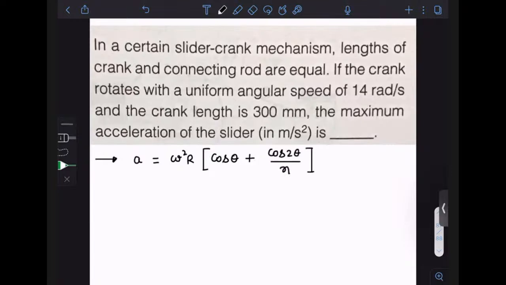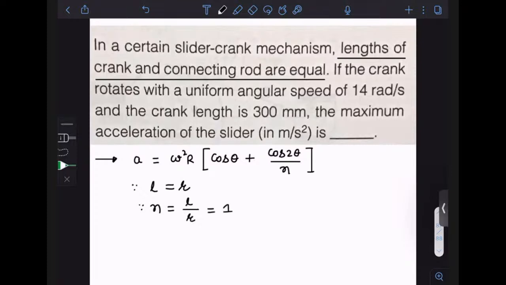So here, guys, we can say that the length of the crank and connecting rod are equal. Means here L is equal to R. Therefore, n is equal to L by R, which equals 1. Now the maximum. How can we get the maximum?